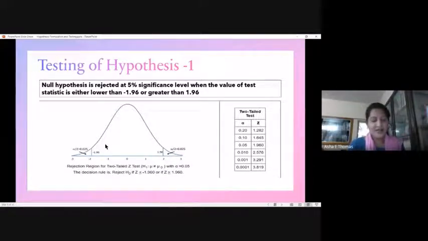So my null hypothesis is that the average score is equal to 80 marks, and my alternative is that the sample mean is not equal to the average score of 80 marks. So there is a possibility of rejecting and accepting. Now, the average score can be more than 80 or it can be less than 80, so there are two conditions in such a scenario.